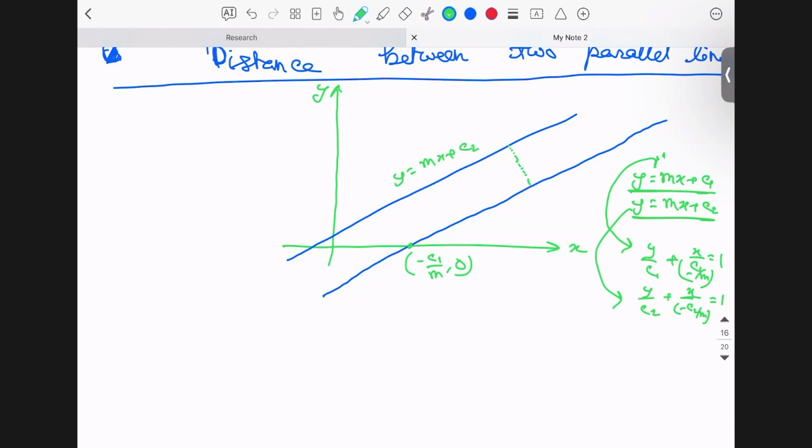So what will be the distance between them? That will be the perpendicular distance from this point to this straight line. So we have a point on this straight line, and this point is at a perpendicular distance from this blue straight line, right?